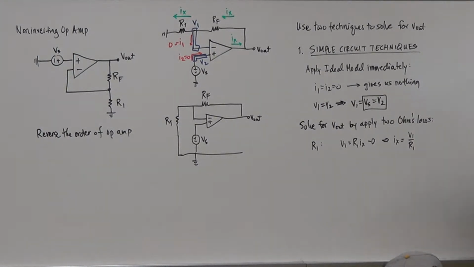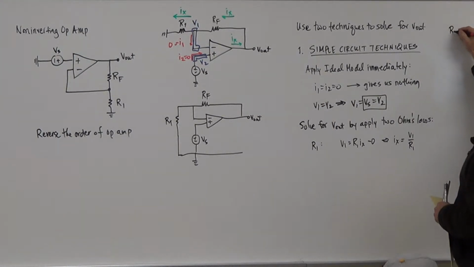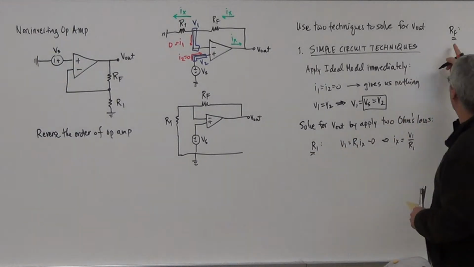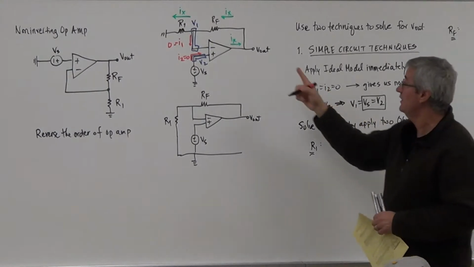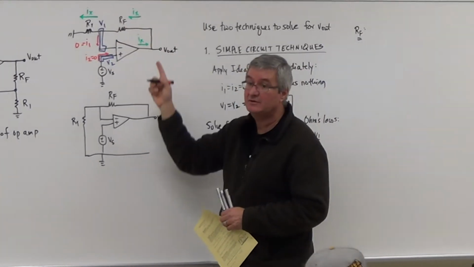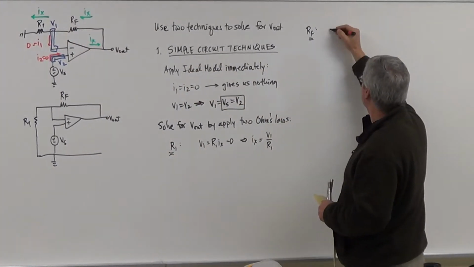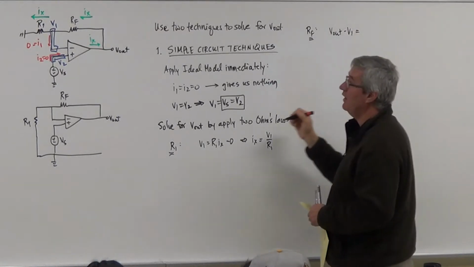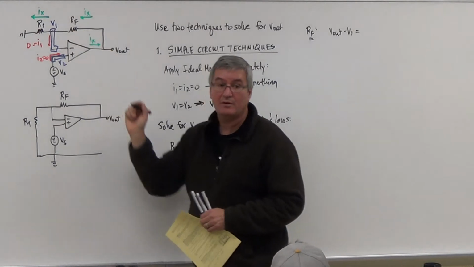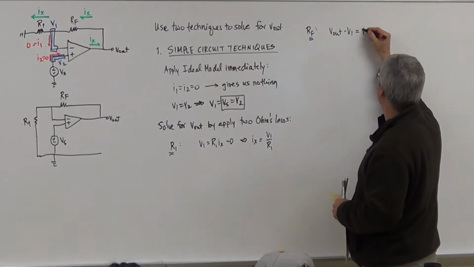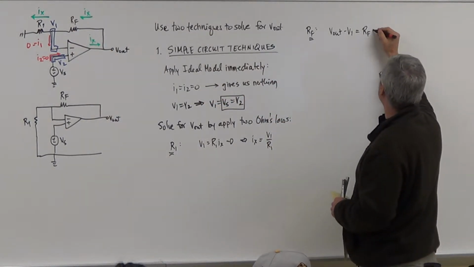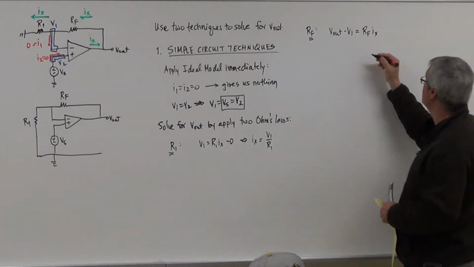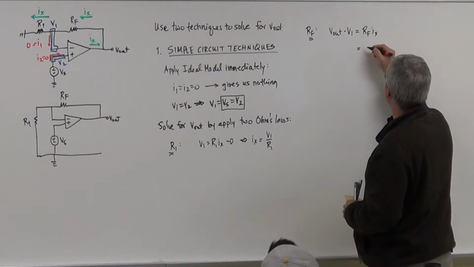Okay? So now I'm going to look at resistor RF. I looked at R1, here's RF, and the current here is the same as the current there. So V out minus V1 must be the current through RF, so this has to be RF times Ix. They're the same. But what's Ix in this case?